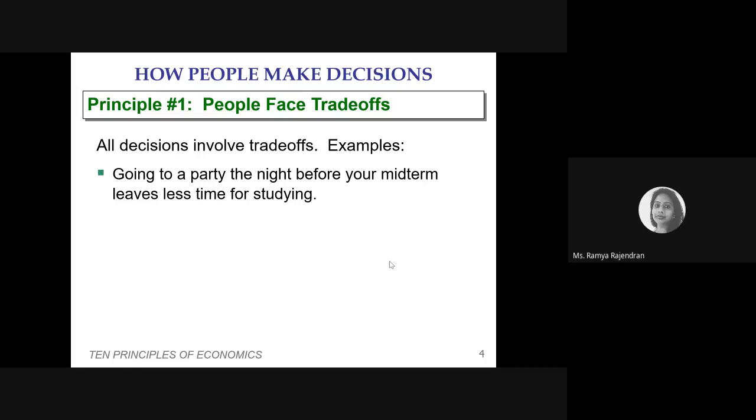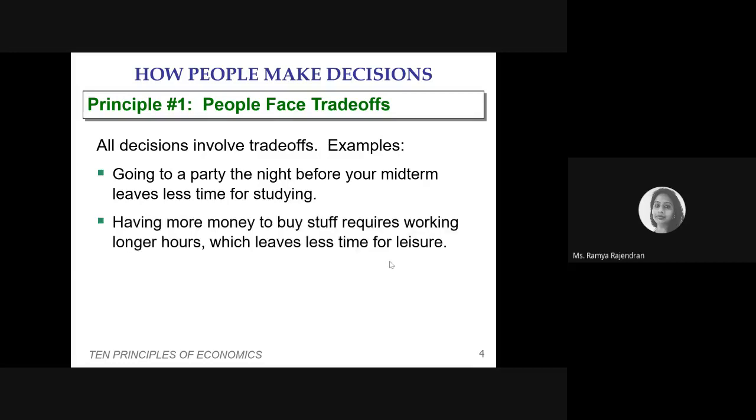You have to choose whether to go to the party or study for the midterm exam. If you go to the party, you'll score less because you have less time to study. If you miss the party, you have a probability of scoring more marks in your midterm, but you might miss a chance of getting new acquaintances. You miss a chance of making more friends, right?